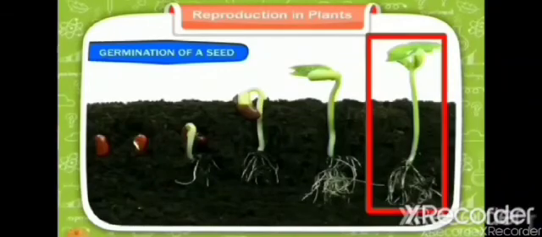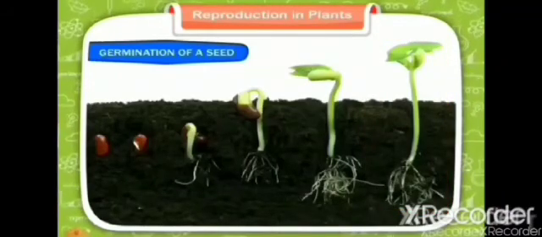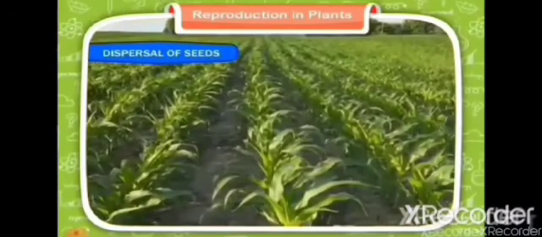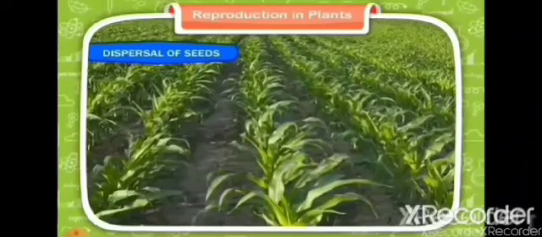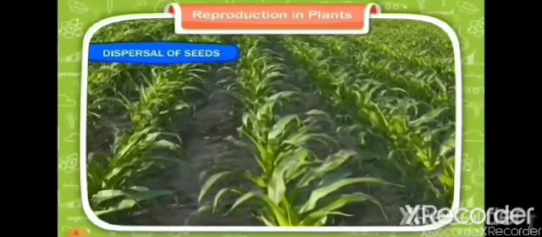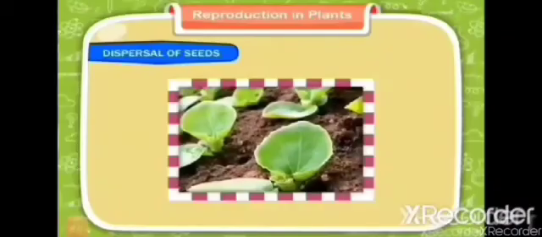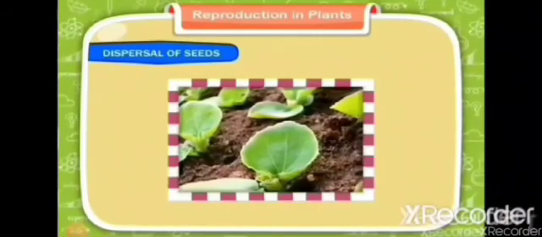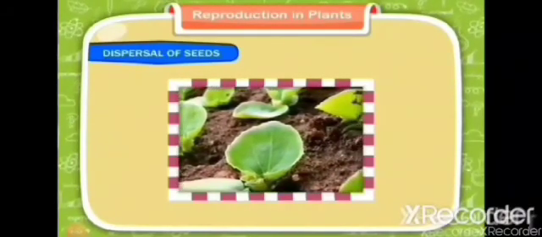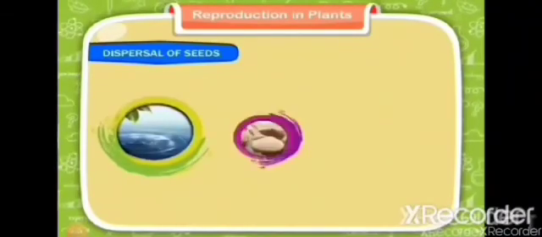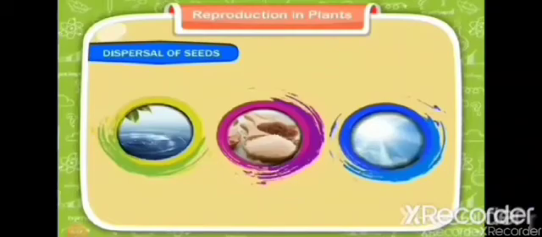Okay children, now dispersal of seeds. Plants need adequate space to grow. Seeds need to be scattered in a proper space away from the parent plant.